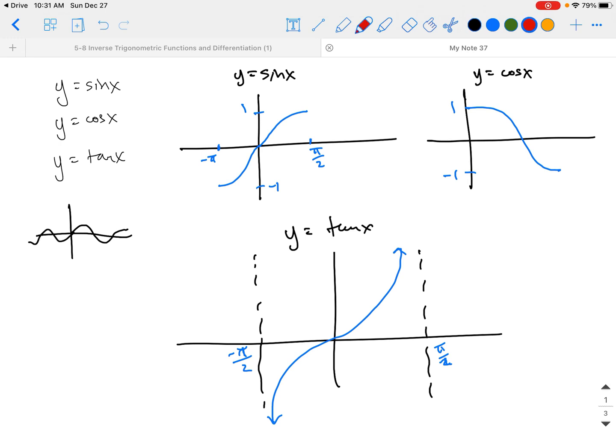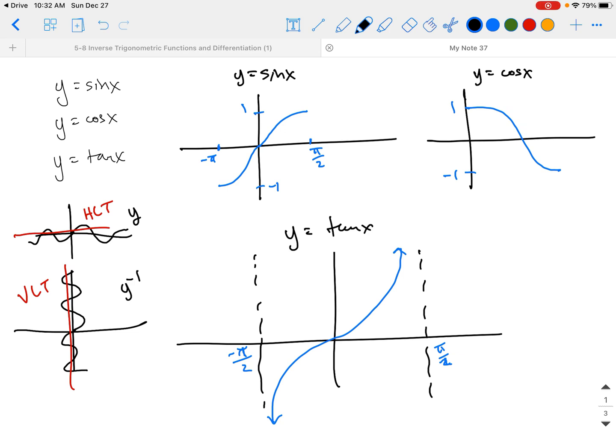And because they keep repeating, they fail the horizontal line test, which means that the inverse of those functions are going to not be functions themselves, right? They're going to fail the vertical line test. So if this is the graph of y, and this is the graph of y inverse, they don't work.